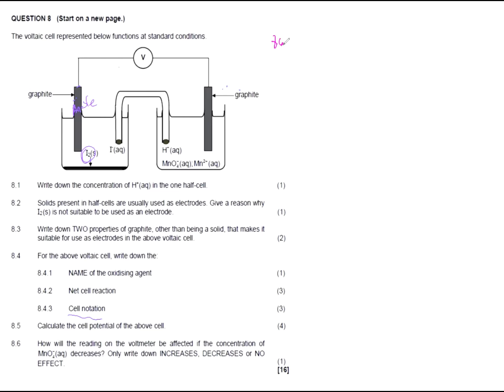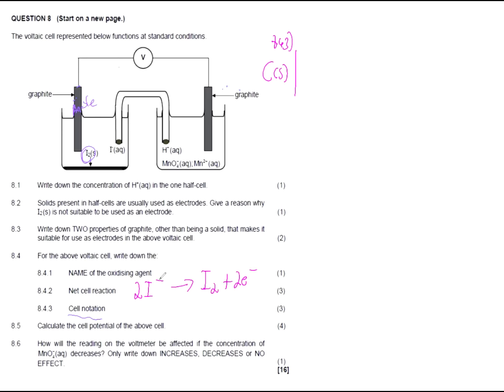So, we have identified that this is the anode, so this will start from here. We want to start with our carbon, which should be in solid, and then a phase separator. Now, remember, we said our reaction is 2I minus to give us I2 plus 2e.